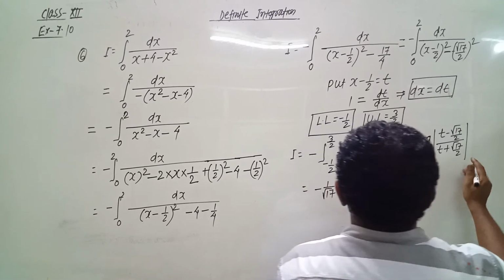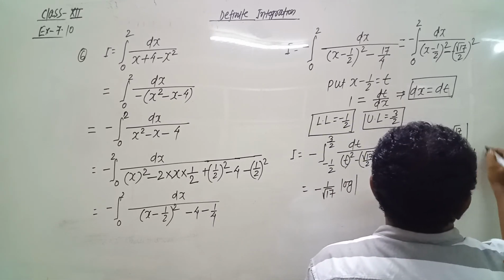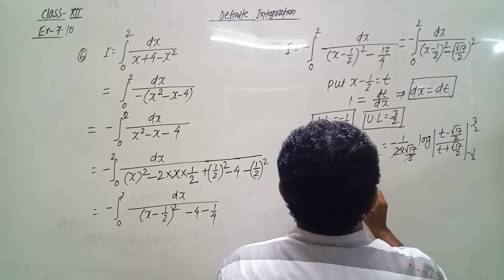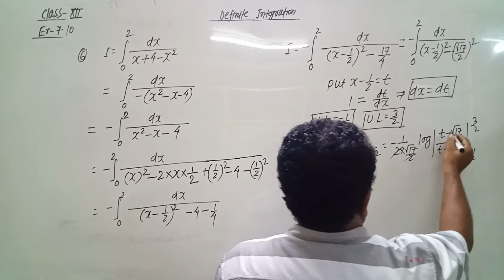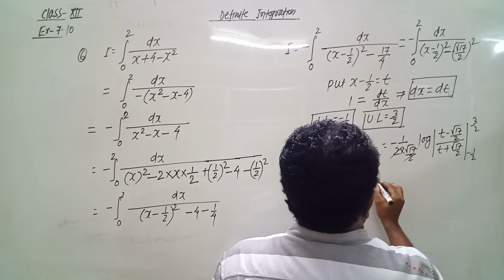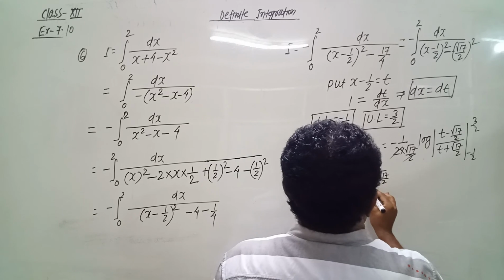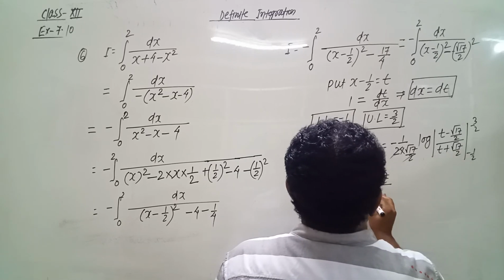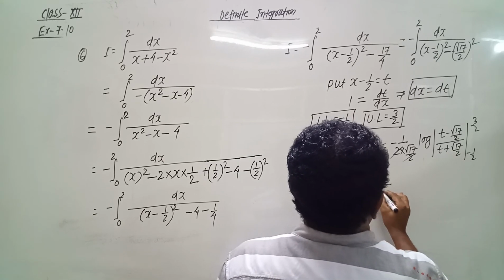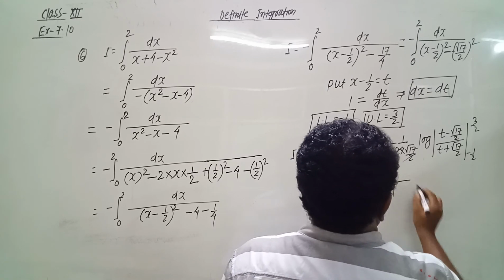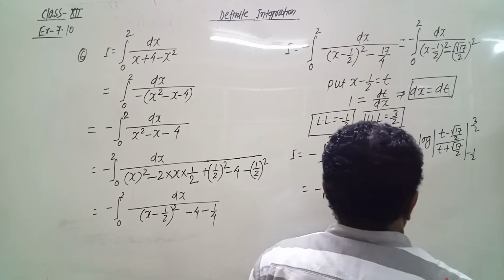And the limit, also minus 1 by 2 to 3 by 2. Then put the limit. So log of 3 by 2 minus root 17 by 2 upon 3 by 2 plus root 17 by 2, minus, we will have to put the lower limit.